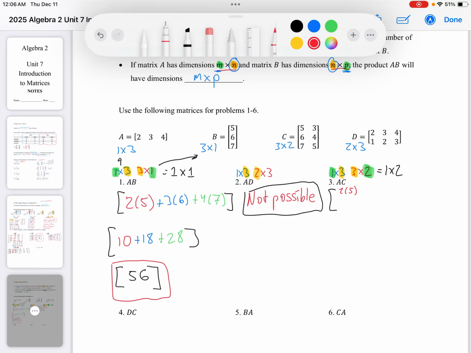Then I would take the next number in the row of matrix A, this 3, and multiply it times the next number in matrix C. So I'm going to take the 3 times 6. And then finally, the next number for matrix A, I multiply times the next number for matrix C. So this will be 4 times 7.